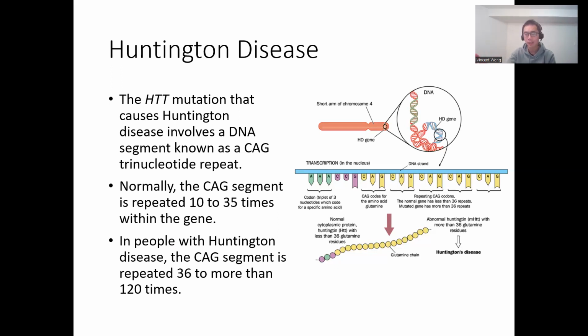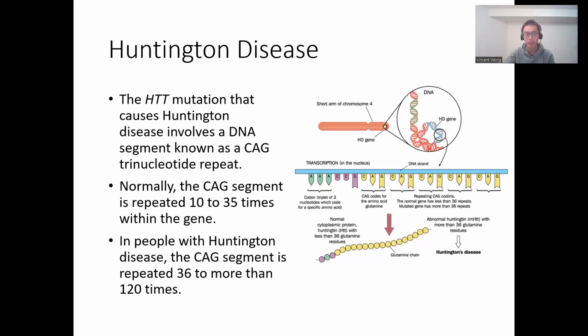They are all under the same umbrella of disorders. They are all considered neurodegenerative disorders, something that affects the brain. What they found is that there is a gene called the HTT gene, and within this gene there is a short tandem repeat of CAG.